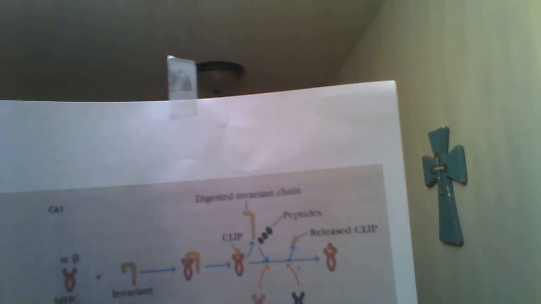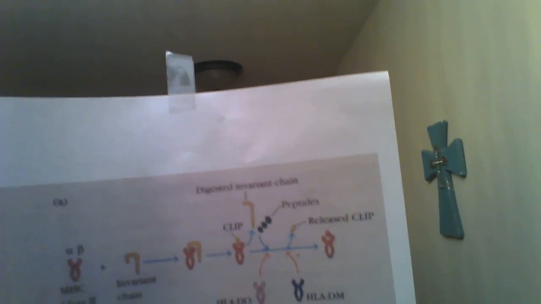And one thing to point out is that those peptides that are making especially strong molecular interactions with the class 2 MHC, those really strong bonds are what's going to be very hard for the HLA-DM to come in and displace. And thus those peptides with those strong interactions are really what are ultimately going to make it to the very end, to the cell surface as an MHC peptide complex.